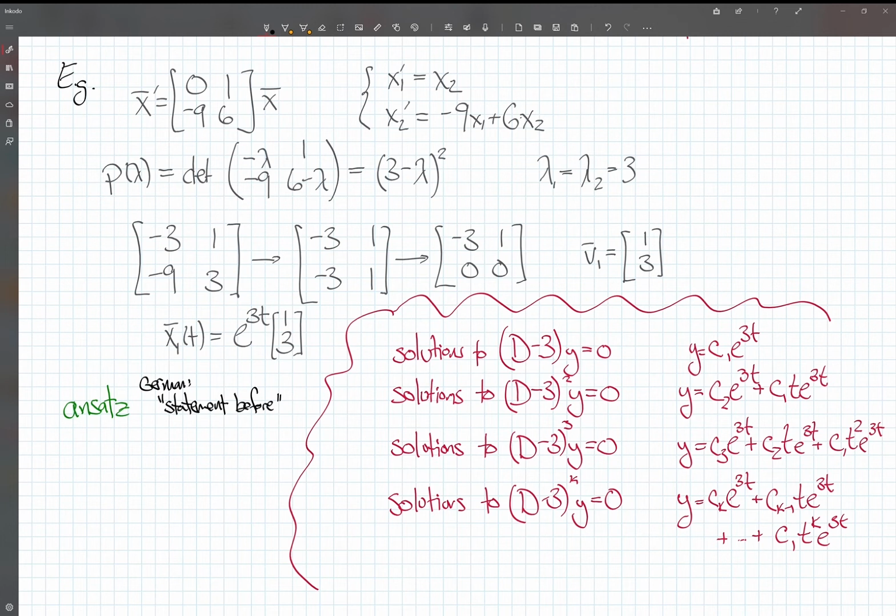In this case, the ansatz we're going to make is that our other solution x2 should look like v2, that is some other vector, plus t times v1, the eigenvector we already found, times e to the 3t. You can see that's very much like what our solutions to the various powers of (D minus 3)y equals 0 look like. Each time you multiply each previous solution by t, and then you have to add another one because we expect one more.